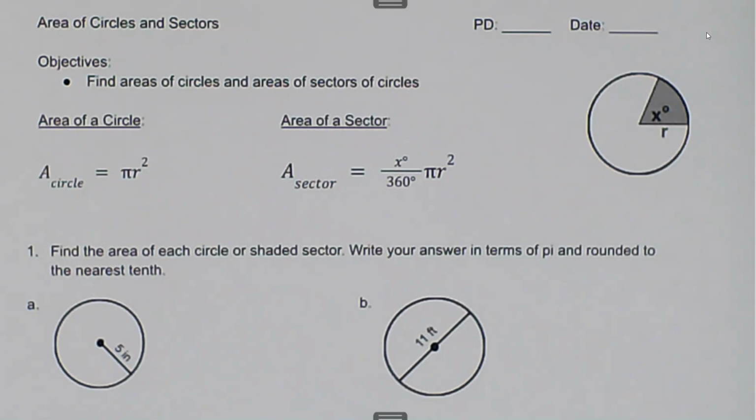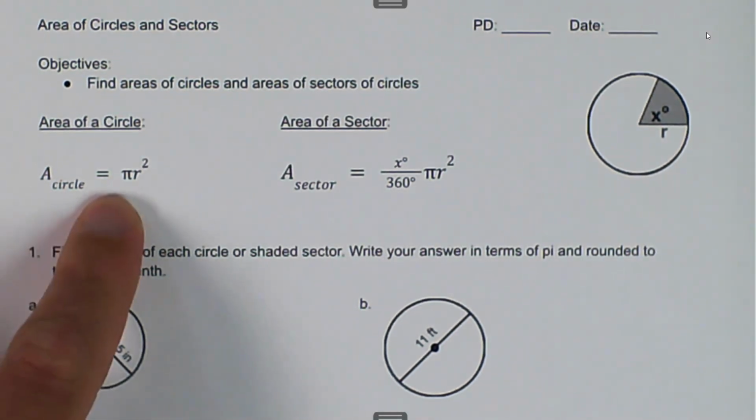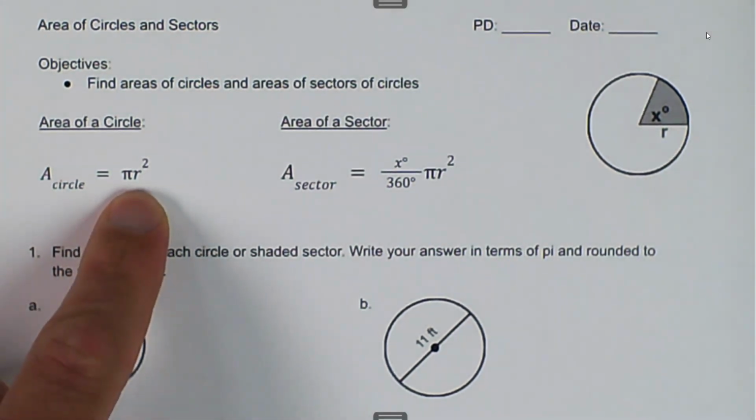We are talking about area of circles and sectors, and we want to find areas of sectors of circles. So for the equation for area of a circle, the area of a circle is equal to pi r squared. And that squared part is important because that's the part that tells us that we have an area unit.